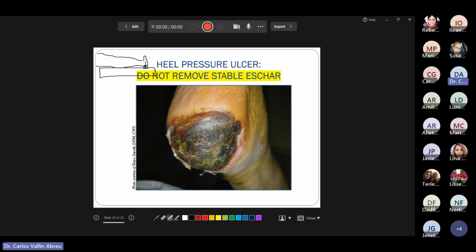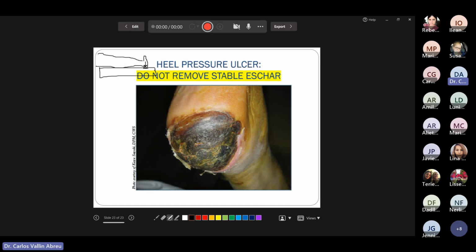And then you see that the clients develop this necrosis, usually with skin that is totally dead, an eschar covering the ulcer. By the way, this eschar is not removed; it is left there as long as it is not infected.